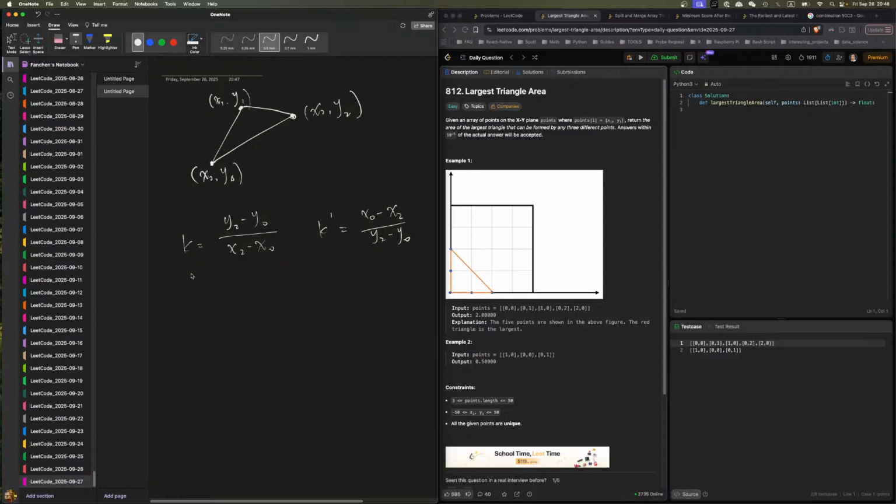So I have k. I need to get b, because it's y equal to kx plus b, right? So I can just do y2 equal to (y2 minus y0) over (x2 minus x0) times x2 plus b. So we got b.